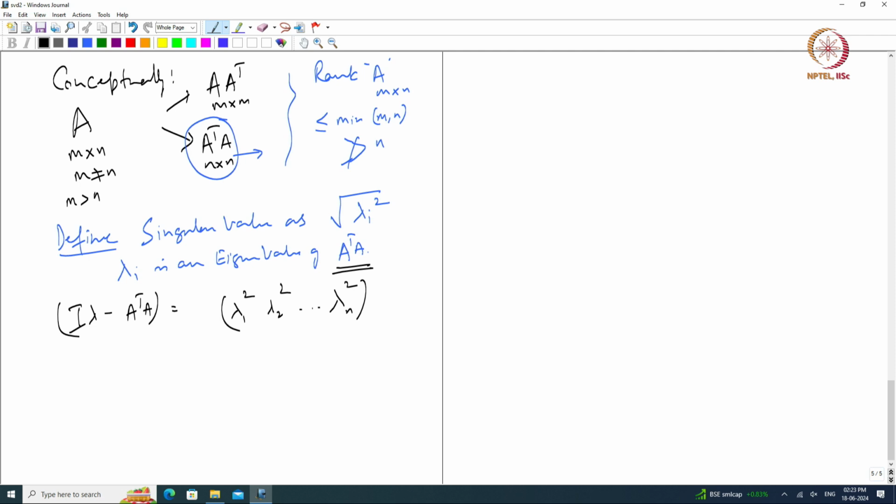Suppose you had a square matrix A, m cross m, with eigenvalue lambda 1 and another eigenvalue minus lambda 2, let us say. But if I took A transpose A and did the eigen decomposition, I will get lambda 1 squared and lambda 2 squared. So, the positive sign only remains as it is squared.